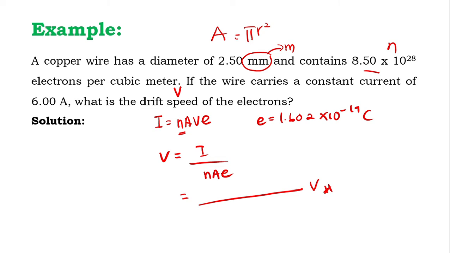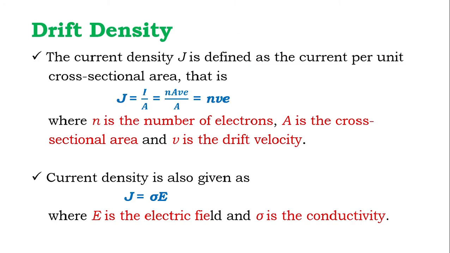Cuba buat. Drift velocity. Tadi kita tengok current density, and then next kita tengok drift velocity. The current density J is defined as the current per unit cross sectional area. That is J sama I per A. So yang ni dia cancel out, dapat nve. Ni apa ni? Current density.